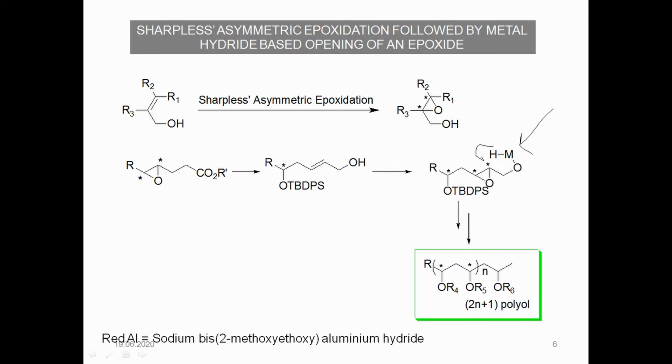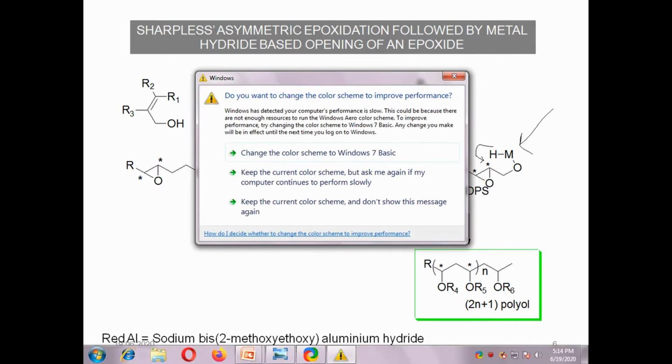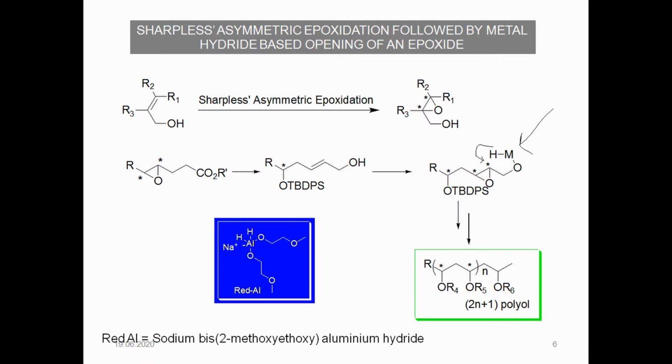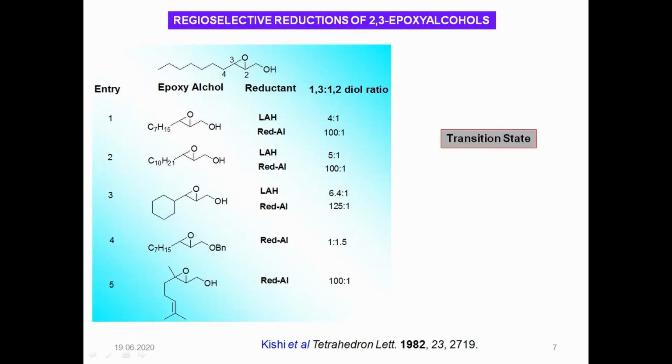So you will get a 1,3-diol. This methodology was developed by Kishi, and this is the Red-Al structure.